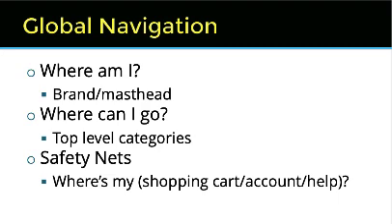It's the navigation that includes those top level categories that helps the user to understand where they can go. And it's also that navigation that we refer to as the utility navigation. That would be those safety nets, things like my shopping cart. How do I get help? How do I log in? Where do I get my account information?